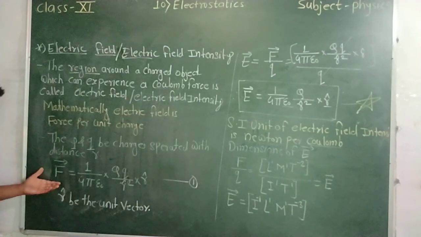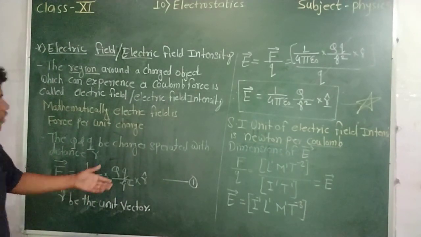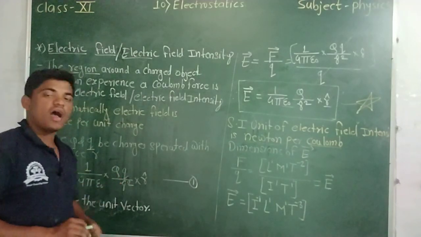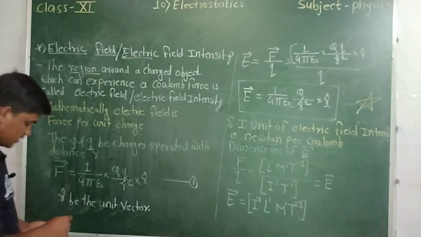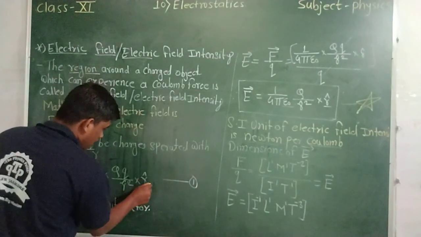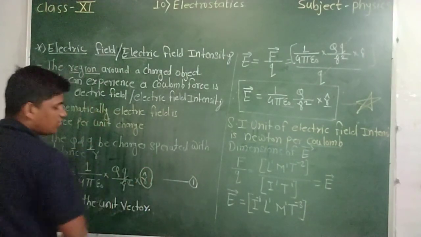Then F, the Coulomb force, is equal to 1 upon 4 pi epsilon 0 Q q divided by r square, r is the separated distance, into r cap, the unit vector.